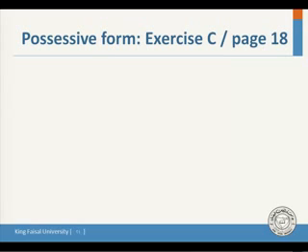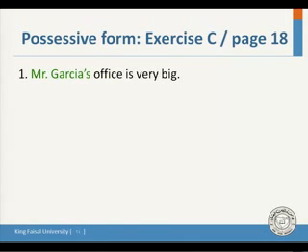Okay, now we have an exercise on the possessive form. Look at the first sentence. We have a noun, Mr. Garcia's office. Mr. Garcia's office is very big. What's the possessive adjective? His, or her, or their? Okay, his office is very big.